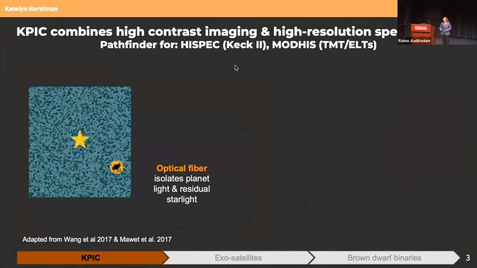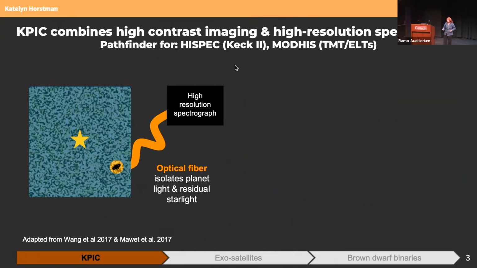So Jason already did a great job summarizing earlier, but KPIC, or the Keck Planet Imager and Characterizer, combines high contrast imaging and high resolution spectroscopy. And so if we know the position of our planet relatively well, we can take an optical or a single mode fiber, and we can isolate the light from the planet itself and feed it into a high resolution spectrograph.